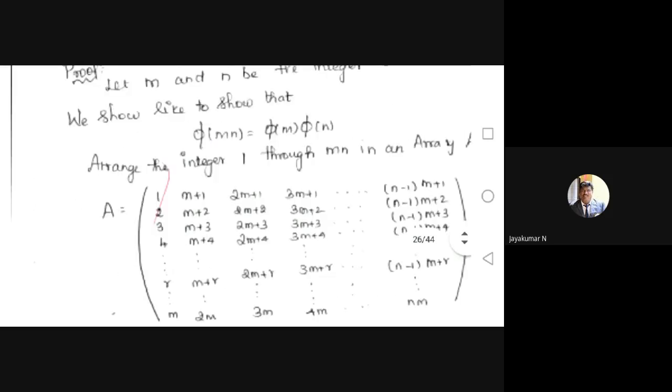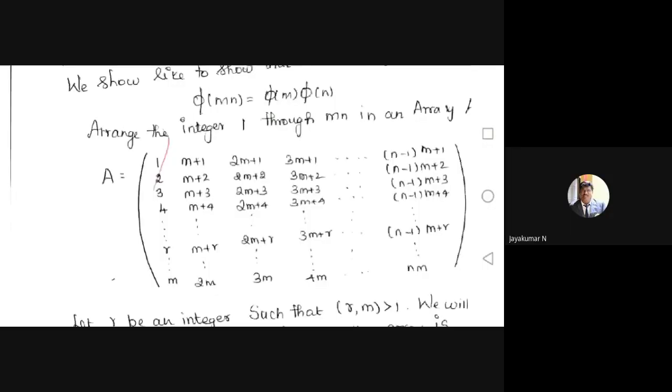The first column is 1, 2, 3, 4 up to m. Then the second column can be obtained by adding m to the first column elements.